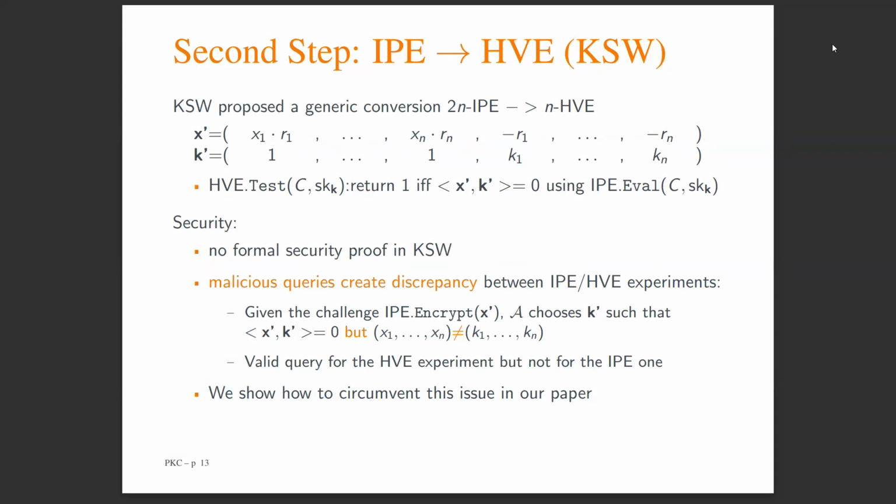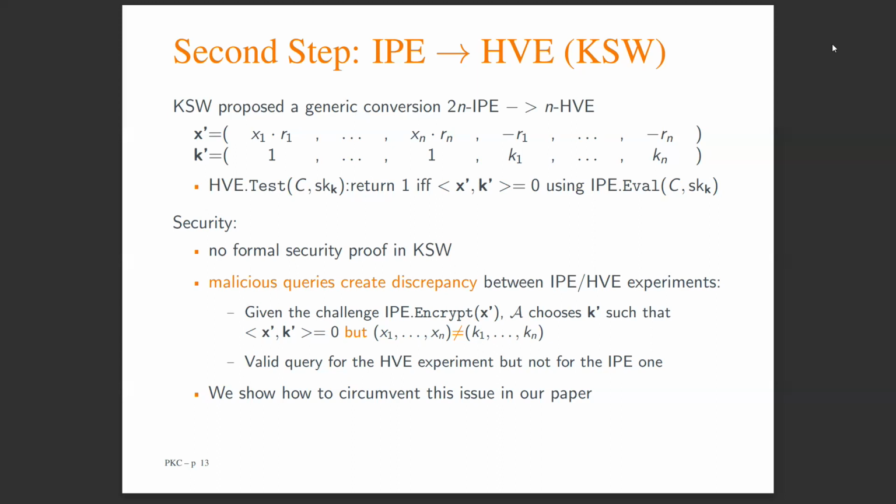But the problem we have is that malicious queries can create some discrepancy between the inner product encryption experiment and the HVE one, because the adversary could leverage the randomness added to select some secret keys that do not match the challenge messages. So it's a valid query in the HVE experiment, but yet leads to a 0 inner product. So it would be an invalid query for the inner product experiment.